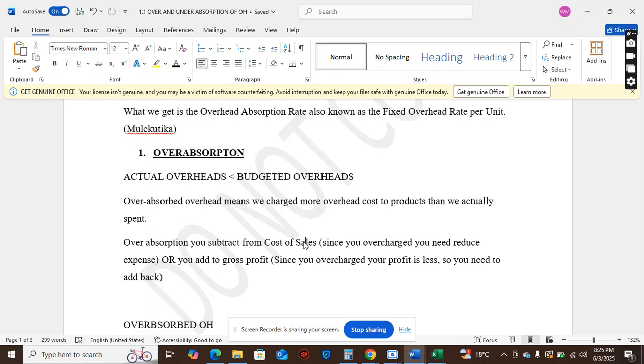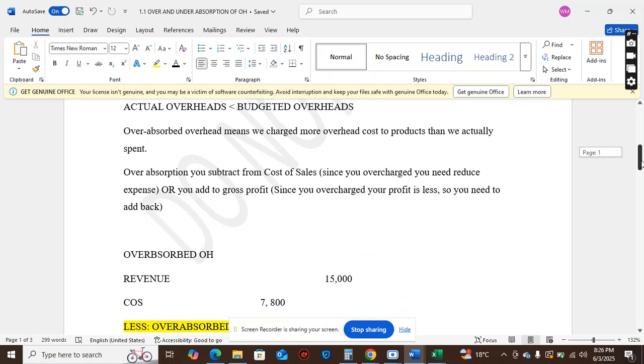Due to the inflated cost of sales, your profit is going to be less than what was expected, so you need to add the over-absorption to the profit. Now let's see that numerically so that we get a clear picture.